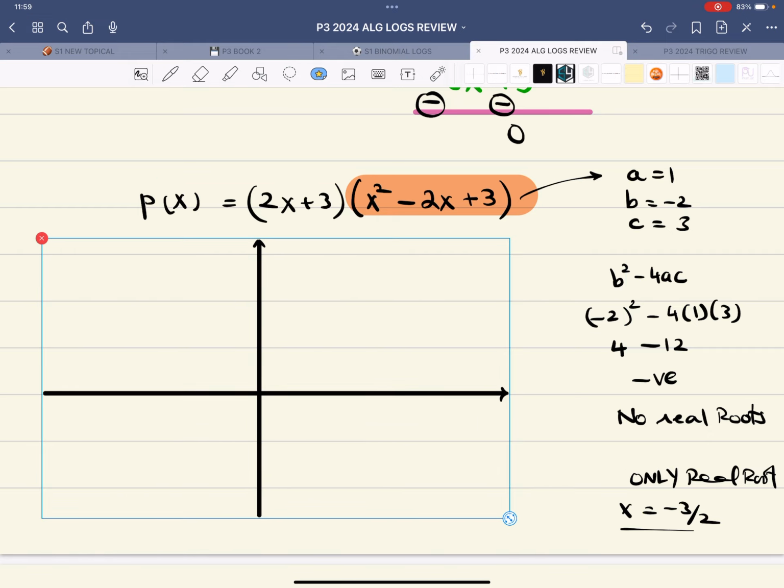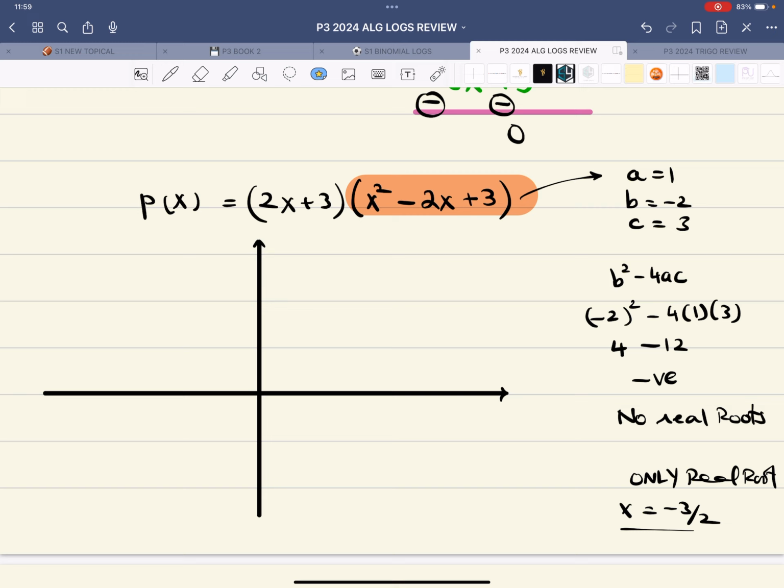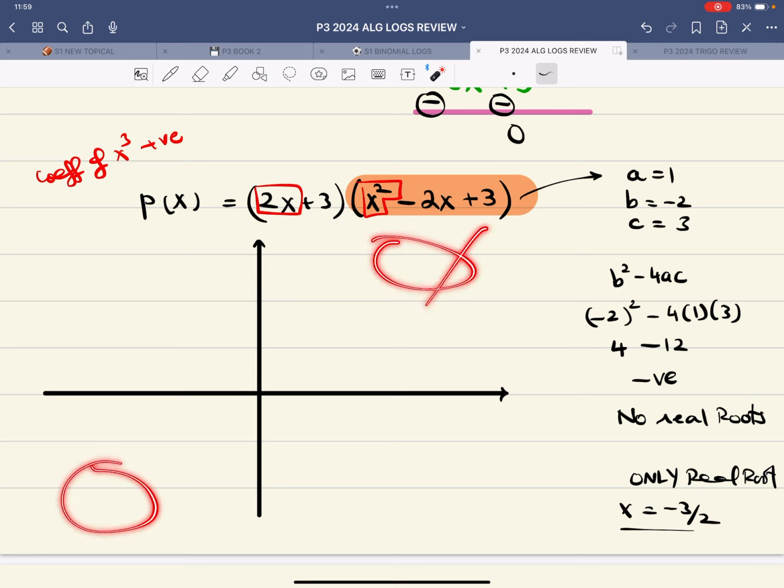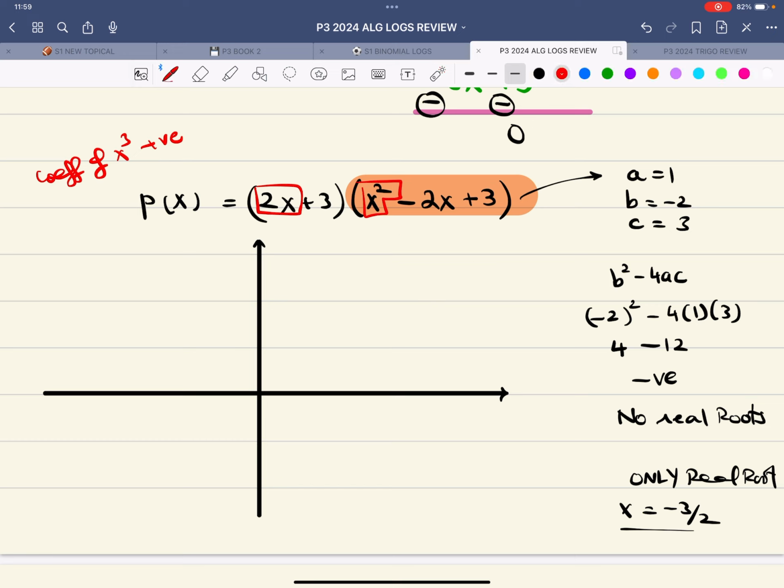I need to focus on the coefficient of x cubed. The coefficient of x cubed is positive. So it will start with top right, it will go till bottom left, and the next thing, this is the only real root. So the only real root is negative 3 over 2.